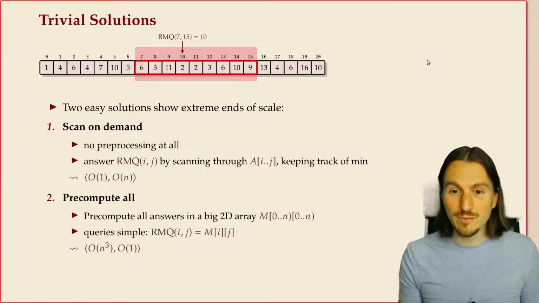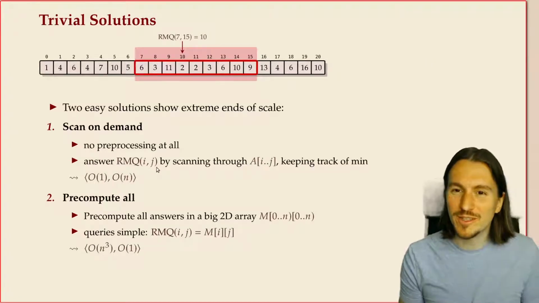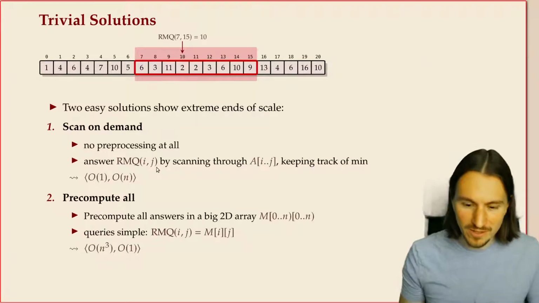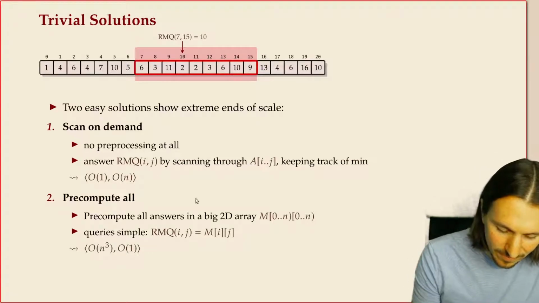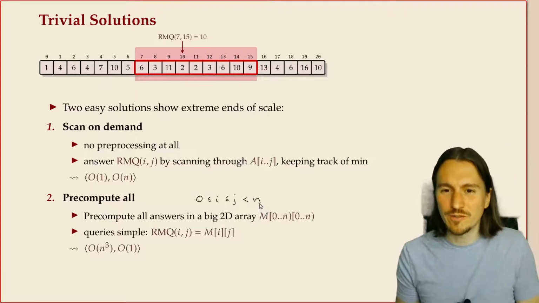The other extreme end is, well, there's only so many possibilities to ask for ranges. Namely, i and j, I can start at 0, and they have to be sorted. Well, no, it's less than n because we start counting at 0.